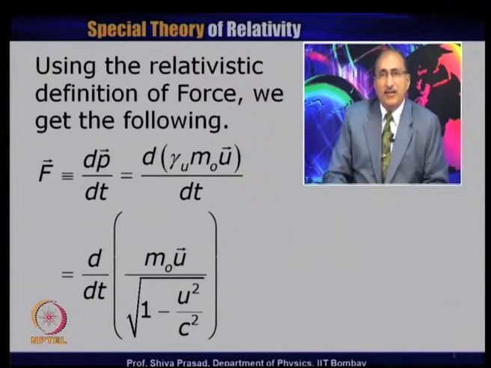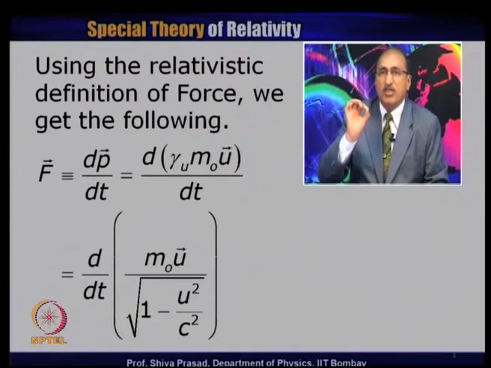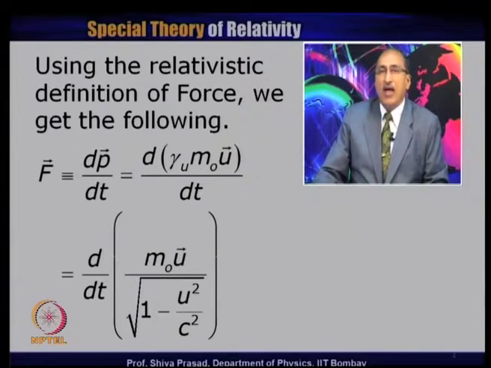As we have said earlier, momentum in the special theory of relativity is defined as gamma u m naught u. So, if a particle is moving with a velocity u in a given frame of reference, and m naught is the rest mass of the particle, then gamma u m naught u is defined as the momentum of the particle. This is what we discussed in our earlier lectures.